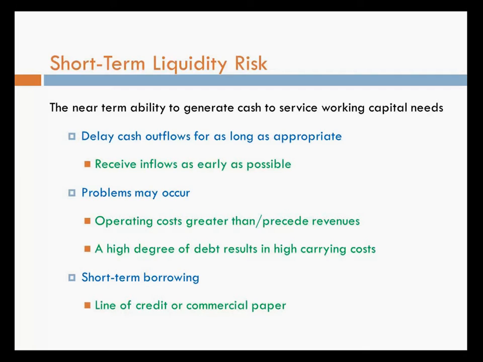One, your operating costs might either be greater than or they might precede your revenues. They always precede your revenues, right? You're going to have three things happen before you get paid. You have the costs, you're manufacturing your stuff. Then it sits in inventory for a while.